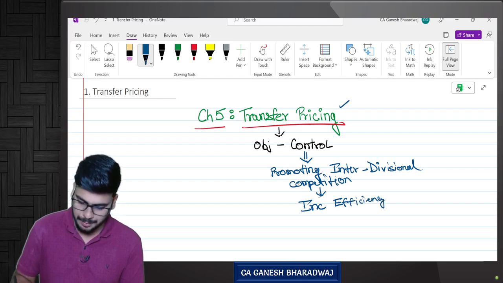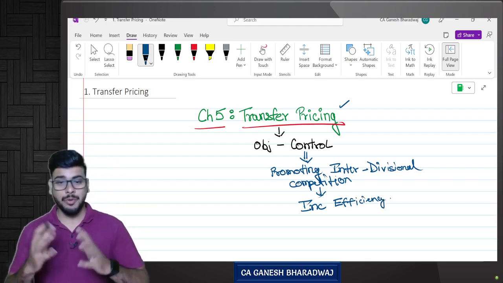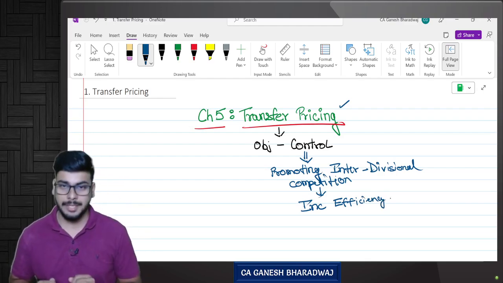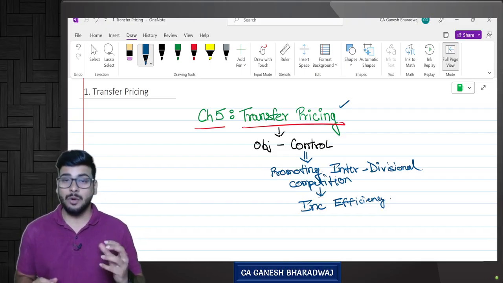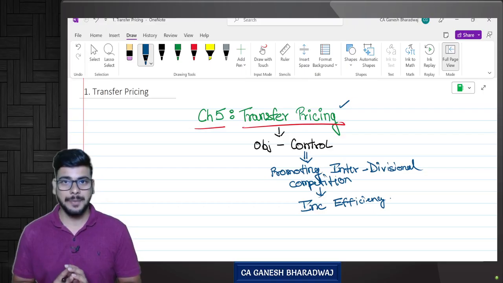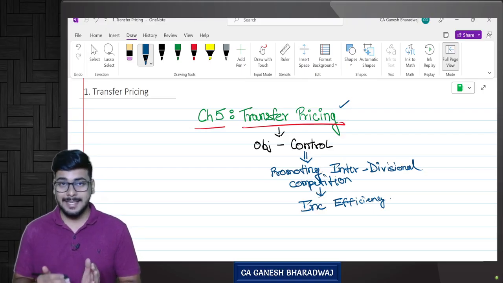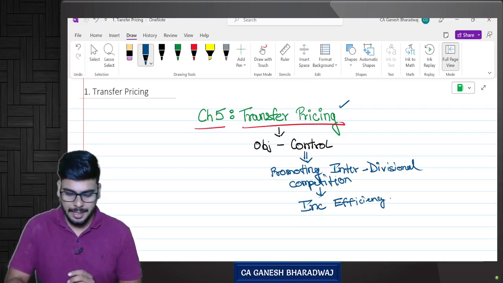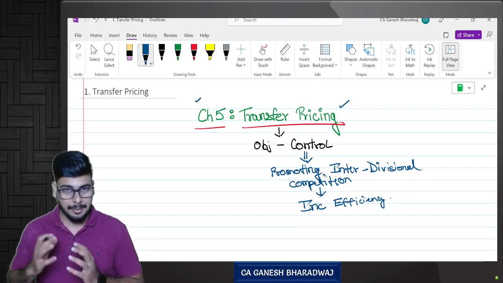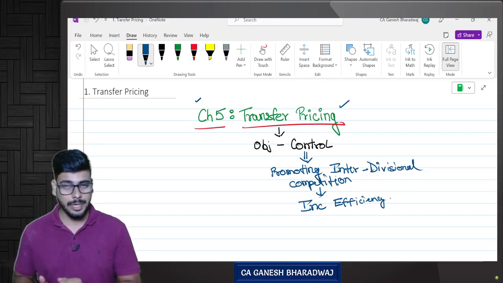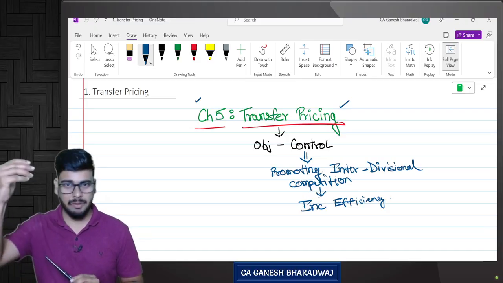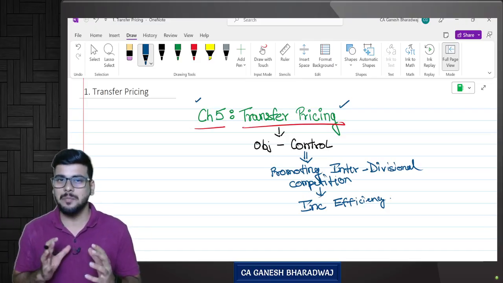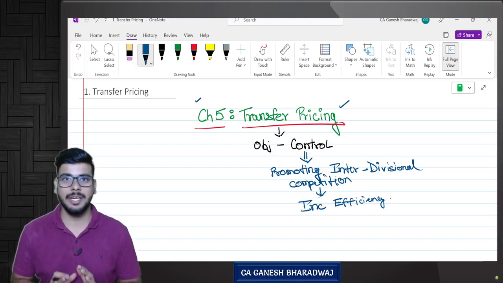Okay, now, sir, what is this? You are using some technical language and all. Yes. Now, this chapter, transfer pricing, requires a lot of reasoning. And if you see in CMA Inter, this chapter has been kept as a part of your management accounting syllabus. But actually, this is a final level concept, but only certain basic elements are kept in our intermediate.